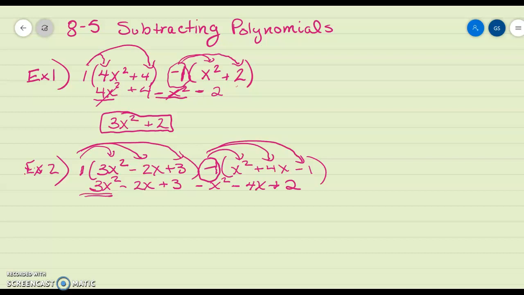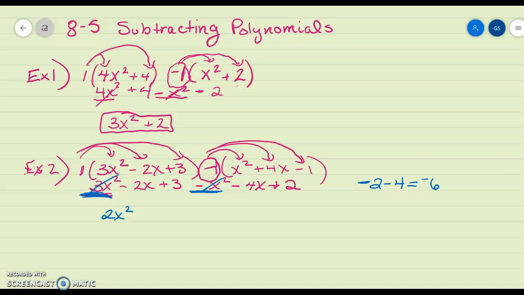So we have 3x squared here, and we have an x squared. Those are like terms. So 3x squared minus x squared is 2x squared. Cross those out because we took care of them. Negative 2x minus 4x. Well, in your calculator, you could just do negative 2 minus 4, and you would get negative 6.